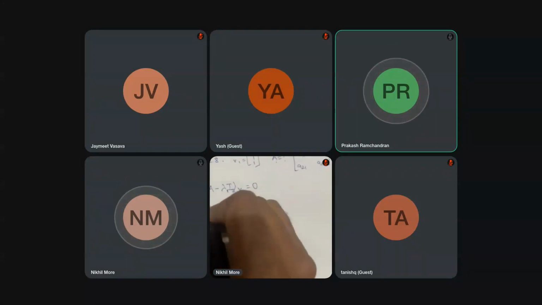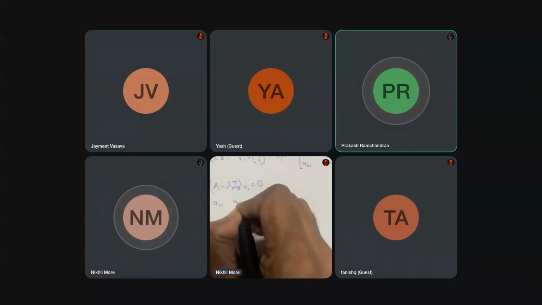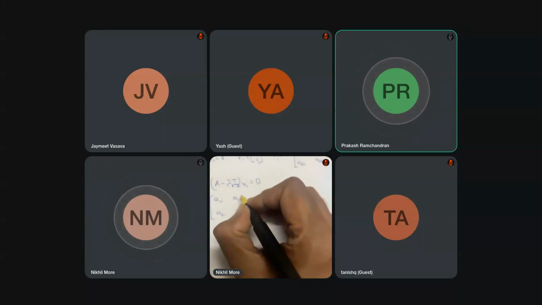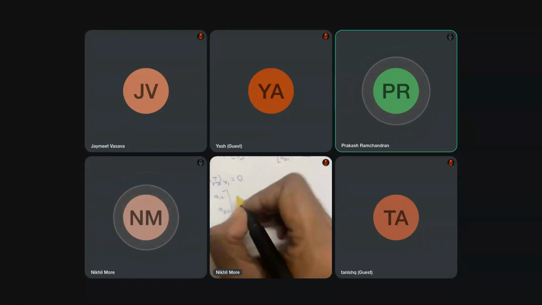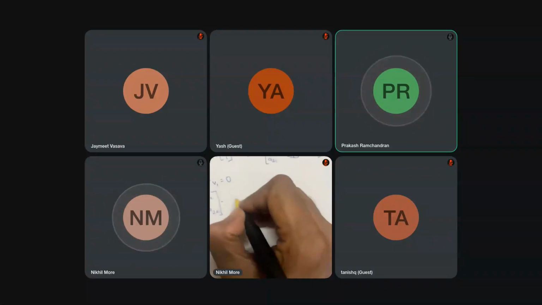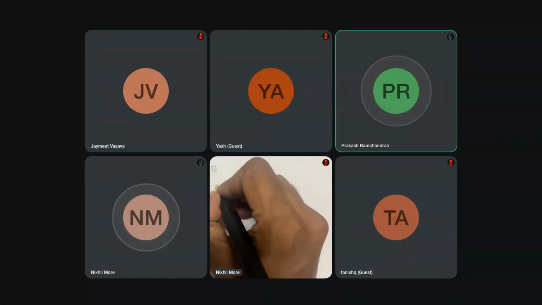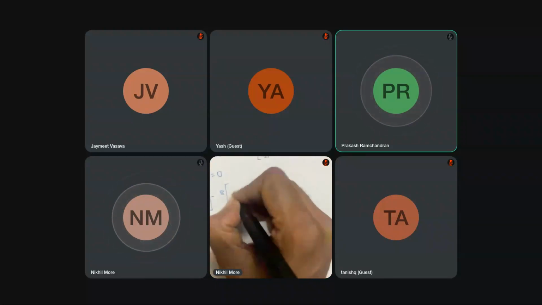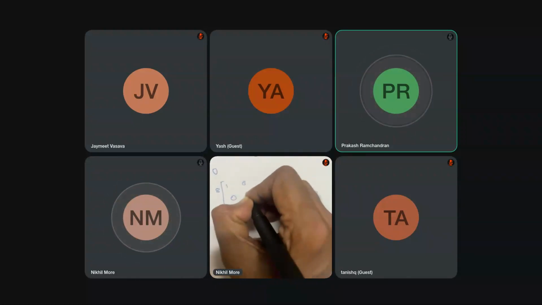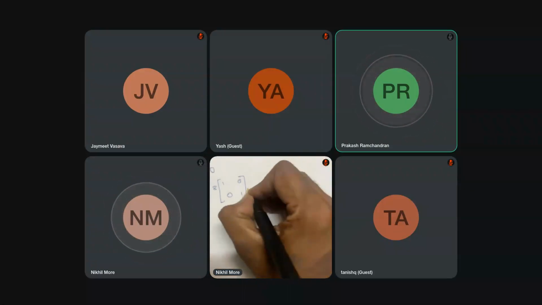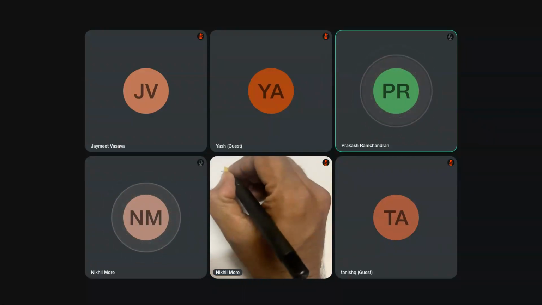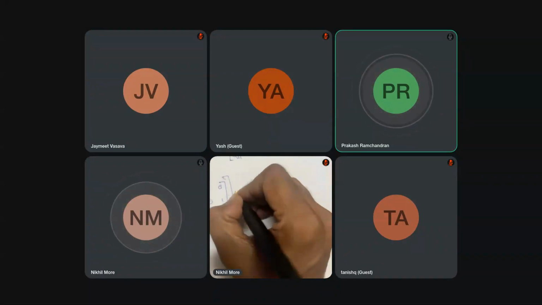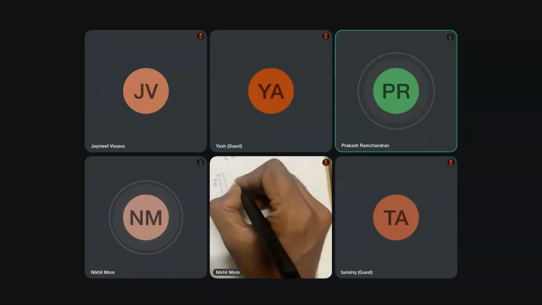We replace A as A11, A12, A21, and A22, minus lambda 1. We definitely know that lambda 1 is 8 and I is 1 0 0 1, the whole multiplied by v1, which is 1 1.